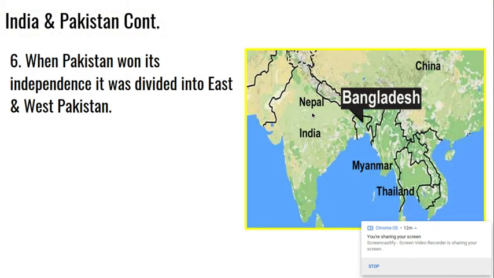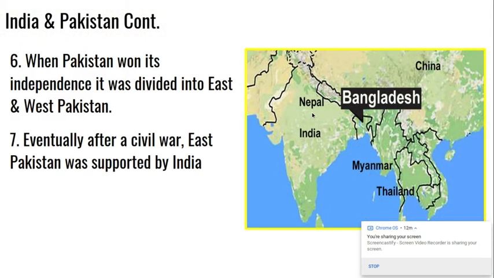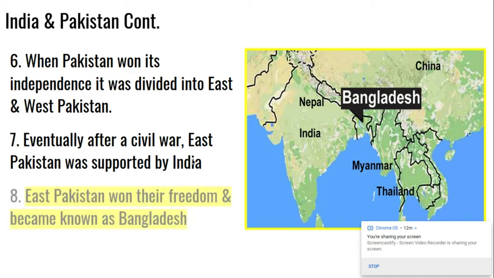Now, it's not over. East Pakistan doesn't want to be controlled by West Pakistan, and they actually declare war, and India backs them. India backs East Pakistan, and East Pakistan wins and rebrands and is modern day Bangladesh.